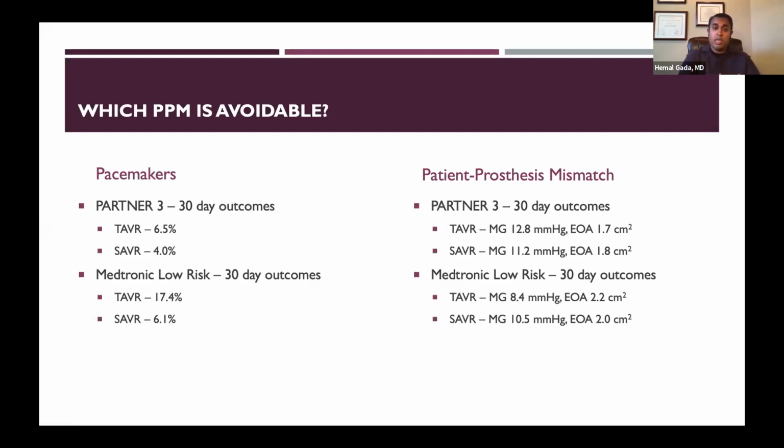In addition to that, if you look at PARTNER 1, PARTNER 2, PARTNER 3, you see a steady escalation in mean gradient across different platforms of SAPIEN. So is there a gradient problem, and how do we fix that? Is it something reasonable to fix? Whereas in the Medtronic low-risk trial, again, the supraannular prosthesis tends to have better hemodynamics than surgical AVR.